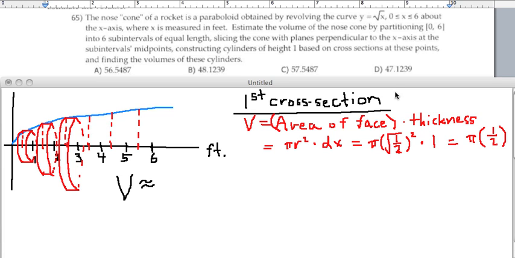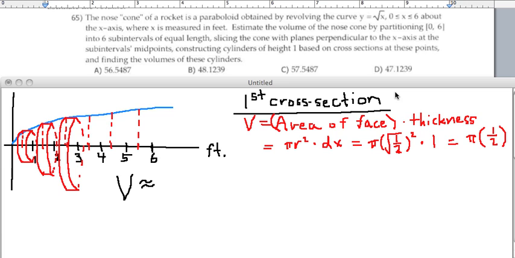After looking at number 65, it's actually not that bad. It's a very good problem to look at, to remind you of the connection between finding area using integrals, where we first found the approximate area using the Riemann sums, and applying the Riemann sums to volume.